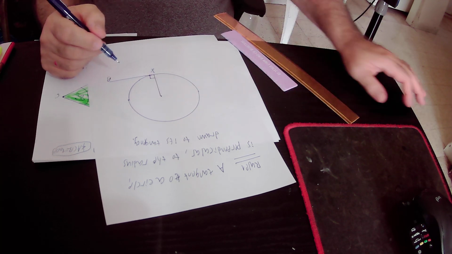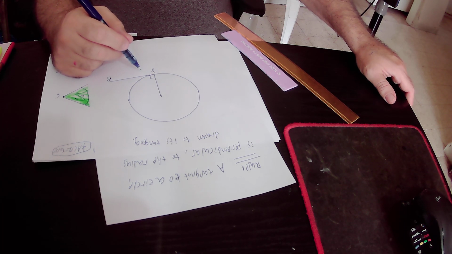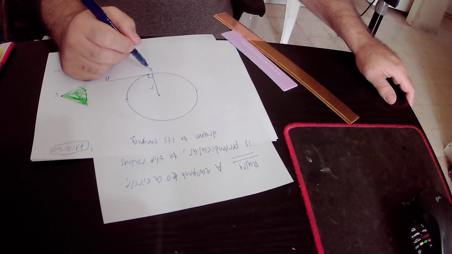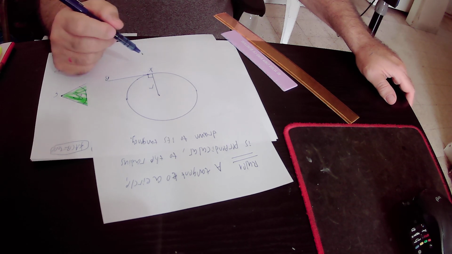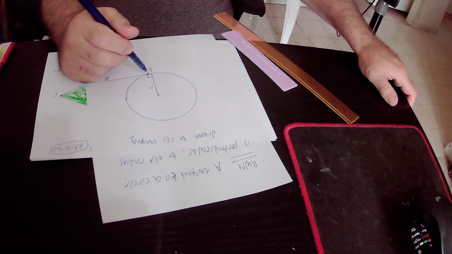Because whenever you have a tangent to a circle and a radius drawn to the point of tangency, then the tangent will be perpendicular to the radius, that is to say this angle will be equal to 90 degrees.